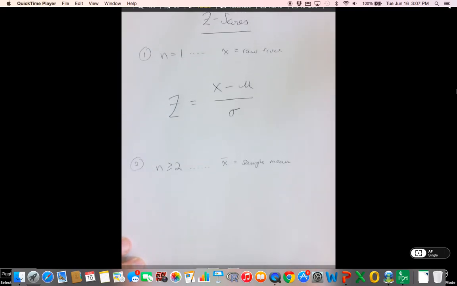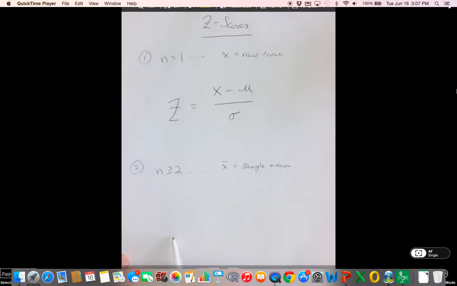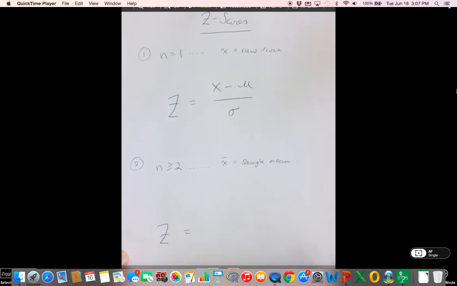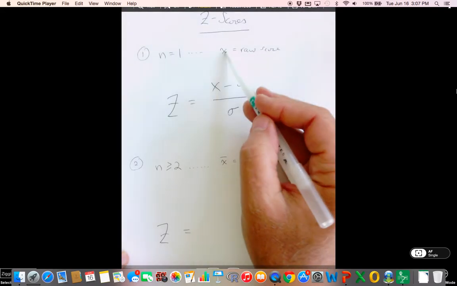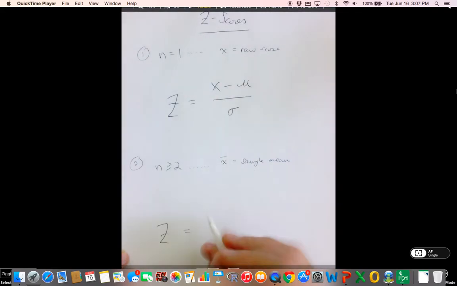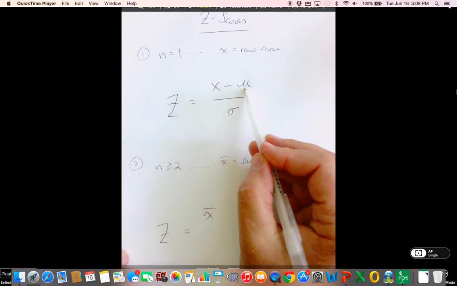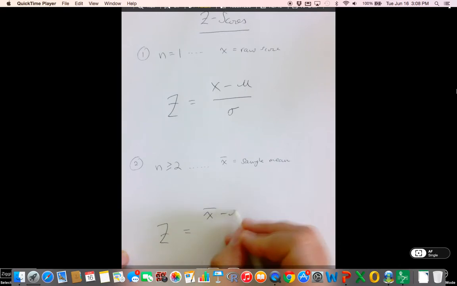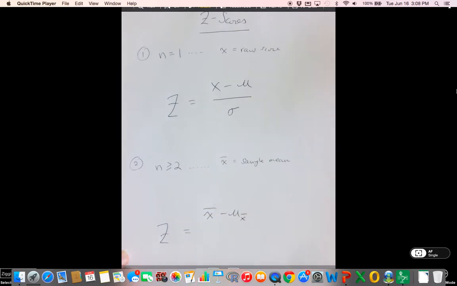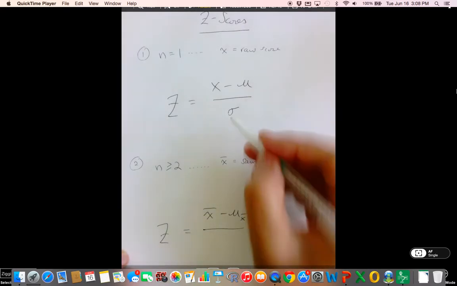Now, what do you think the z-score is going to look down here? Same thing, z, right? But what takes the place of x? Down here, x bar. What takes the place of mu? Mu sub x bar. What takes the place of sigma?